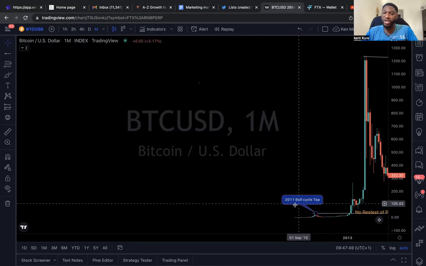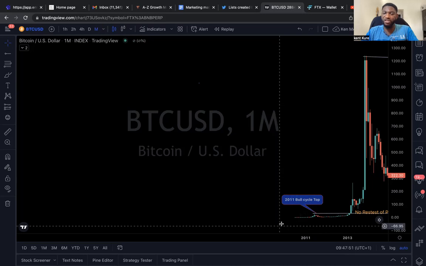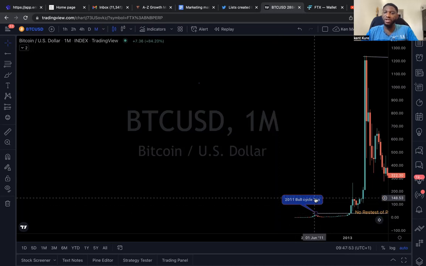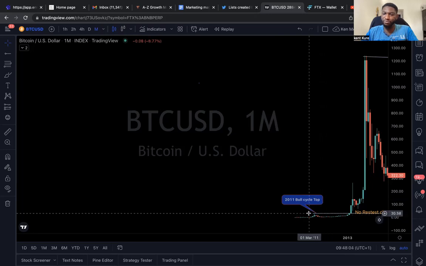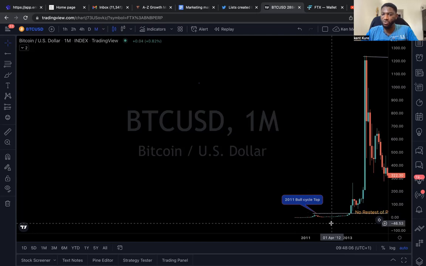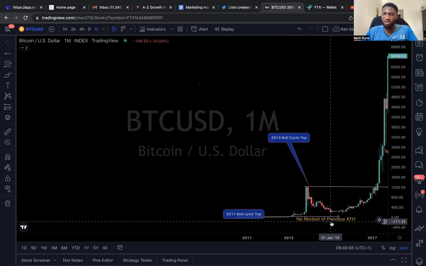This was the first bull cycle top for Bitcoin. It happened in June of 2011, as we can see down here. Then Bitcoin corrected from $30 to $3. Now that was the first one.